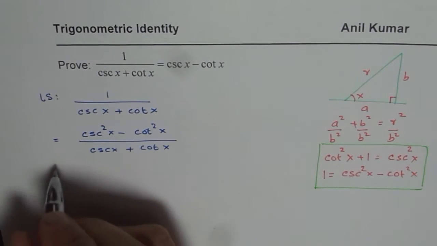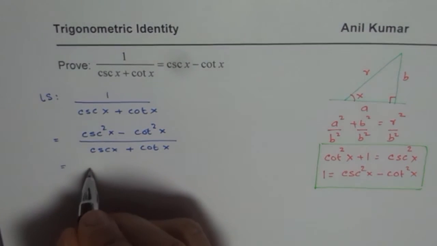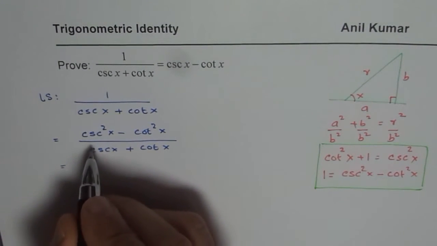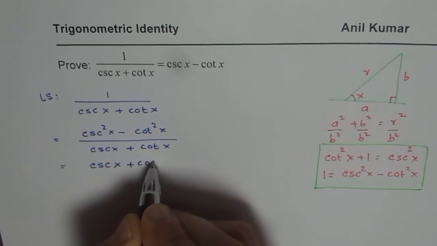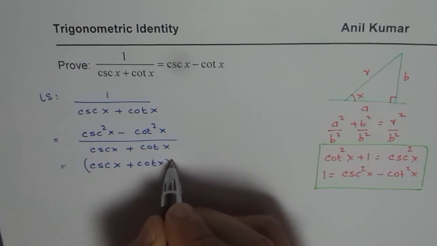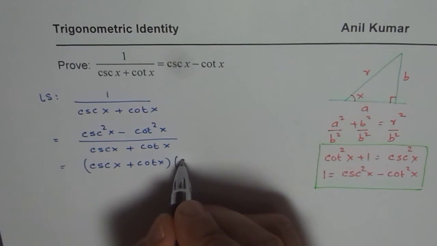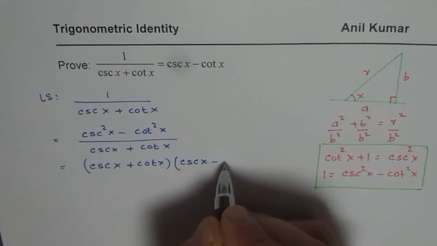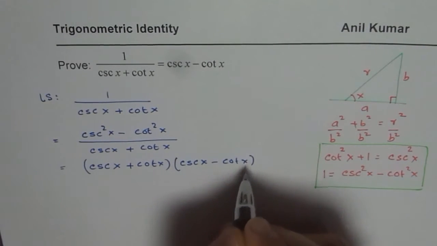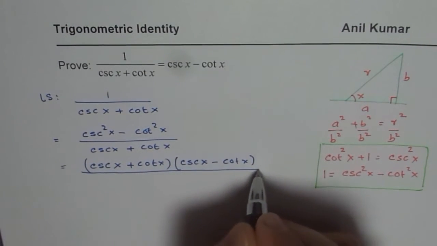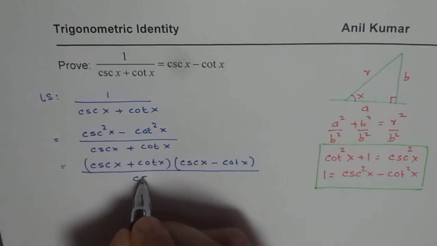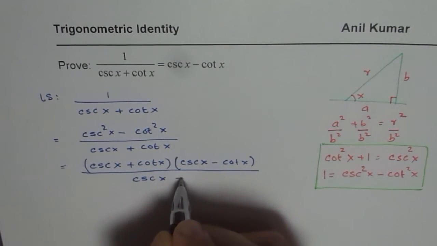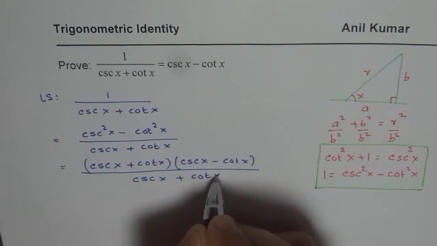Now it is a difference of squares, so we can factor this, right? So difference of squares, you remember, you could write this as product of sum and difference, correct? So cosecant x plus cotangent x times cosecant x minus cotangent x. You may have to review some of your factoring skills to prove identities at times, so that is kind of important, right? Divided by cosecant x plus cotangent x.